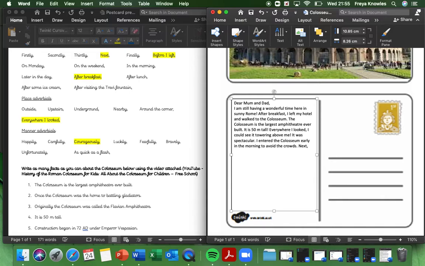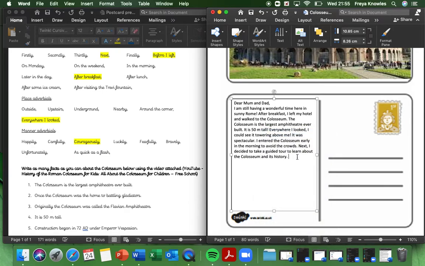Next, I decided to take a guided tour to learn about the Colosseum and its history.